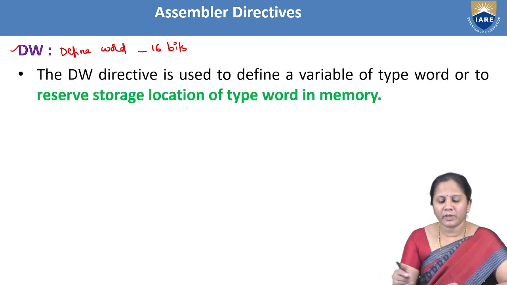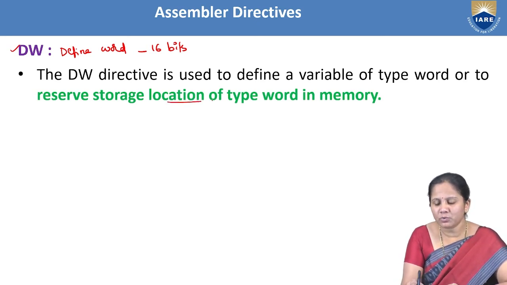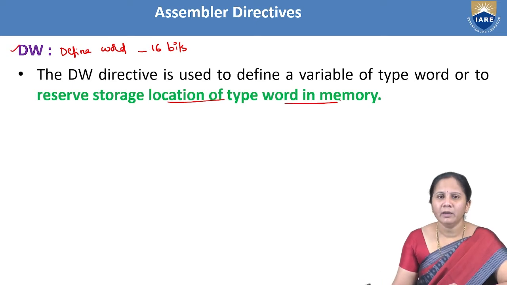So when you are writing DW in the program, the assembler is going to reserve a word in a memory location. And in that reserved memory location, the specified values in that particular instruction will be stored.